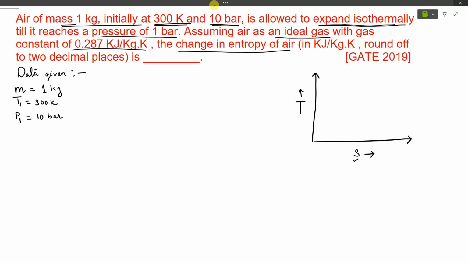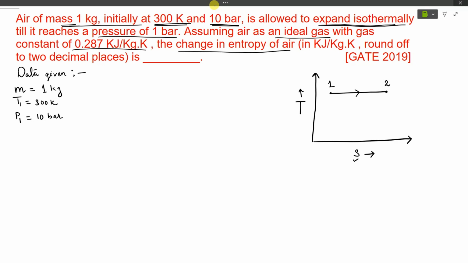Let's consider the initial state of air to be 1, and as the air undergoes an expansion process by keeping temperature constant, after expansion the state becomes 2, and here we can see that the temperature is constant.